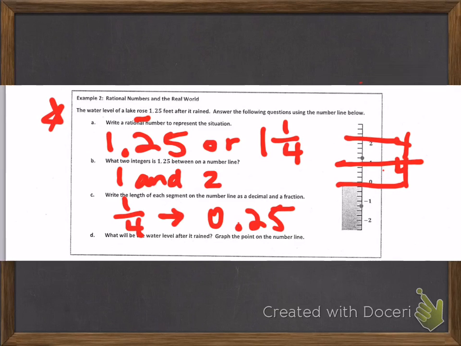Now the last question: What will be the water level after it rained? And graph the point on the number line. Looking at the number line here, this is the water level, which is at 0.